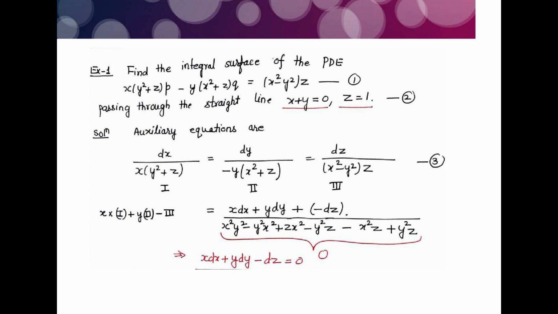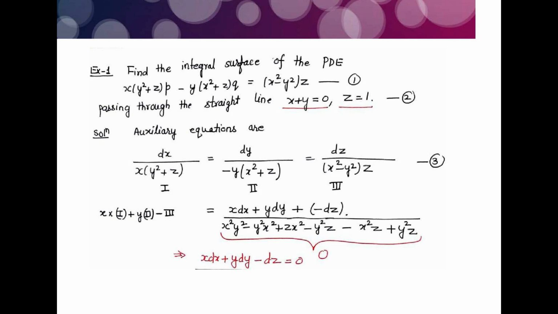In 2, we have two equations, x plus y equal to 0, which is a plane, and z equal to 1 is also a plane. And the intersection of two planes is a straight line. So we have to find a particular solution of partial differential equation 1 passing through this straight line, which is the intersection of two planes given by 2.